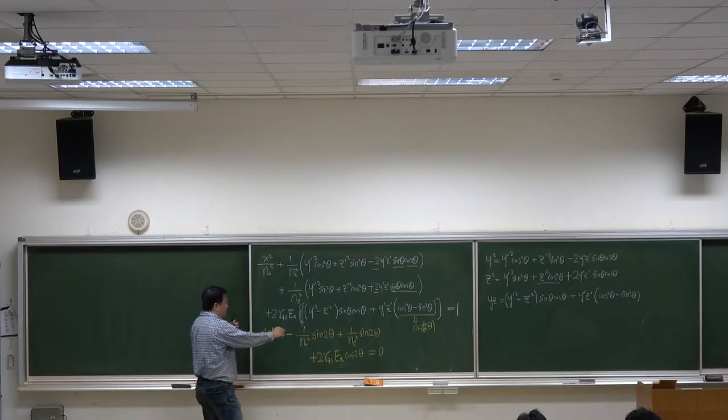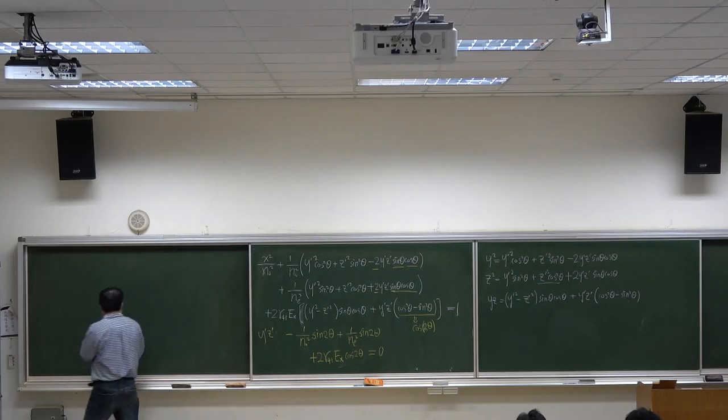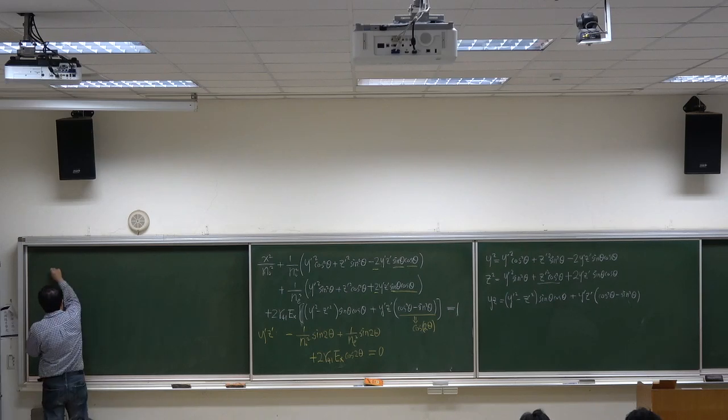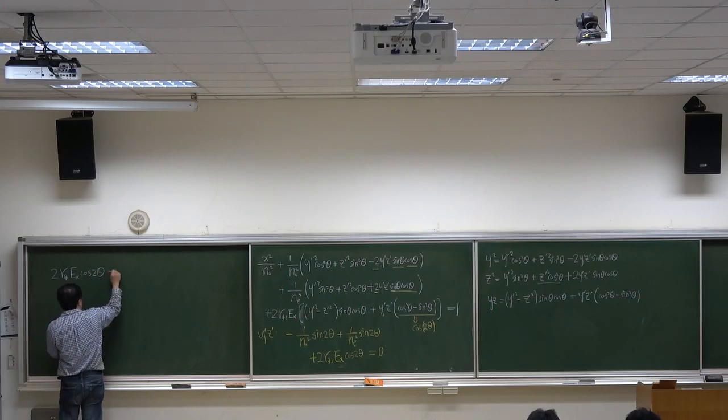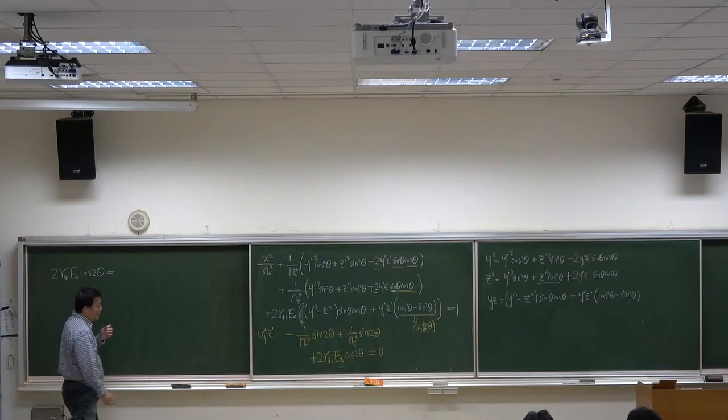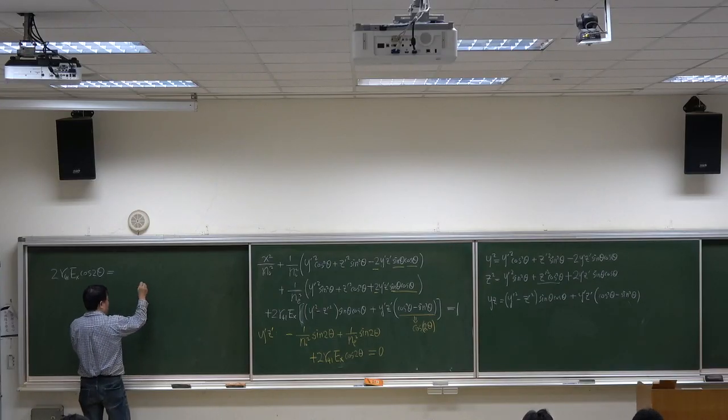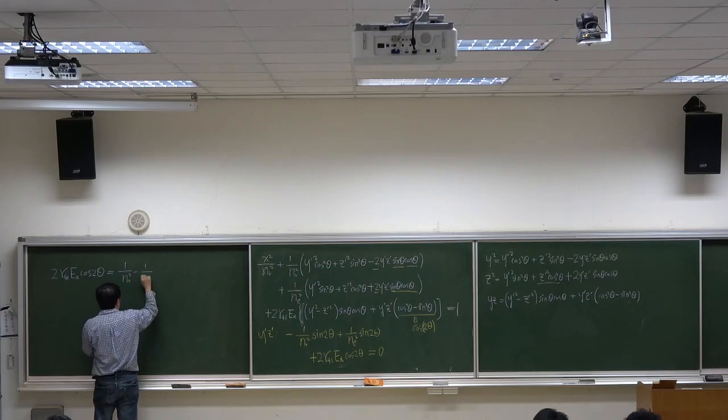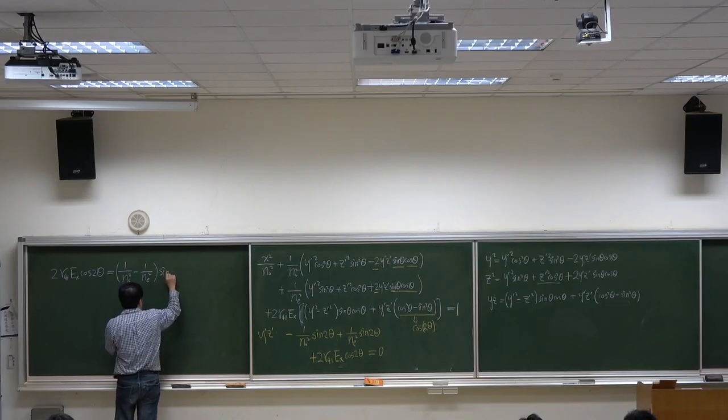So this condition means that 2 r41 Ex cosine 2 theta is equal to 1 over NO squared minus 1 over NE squared times sine 2 theta.